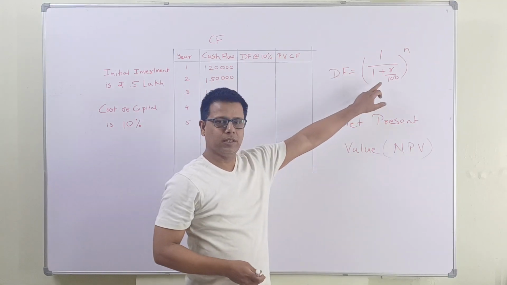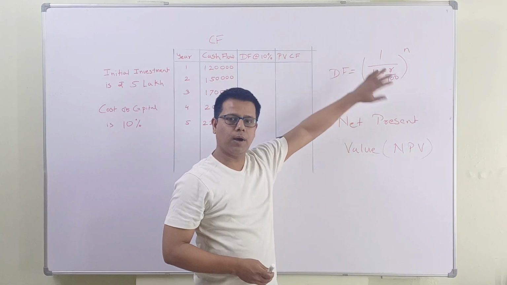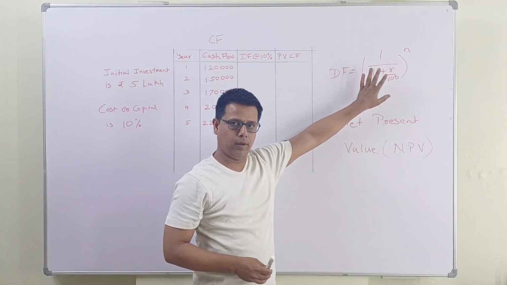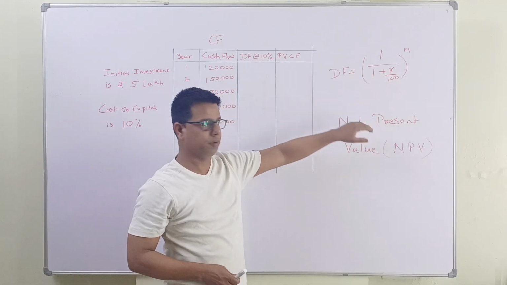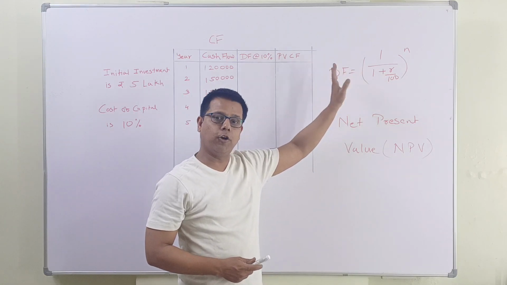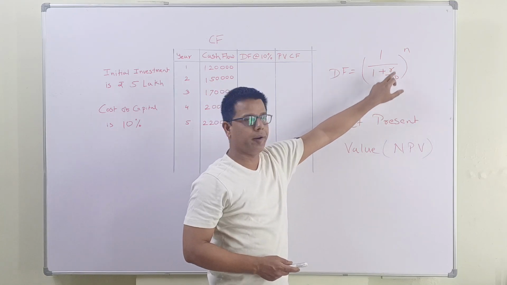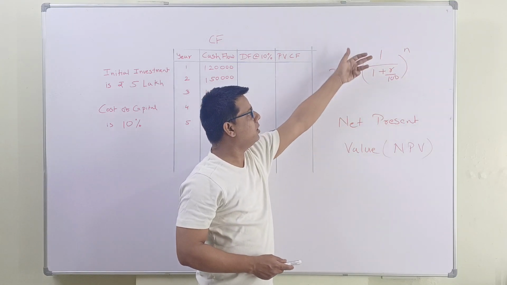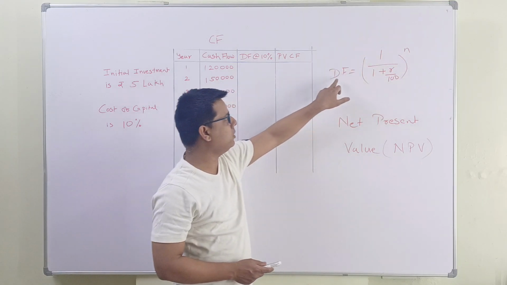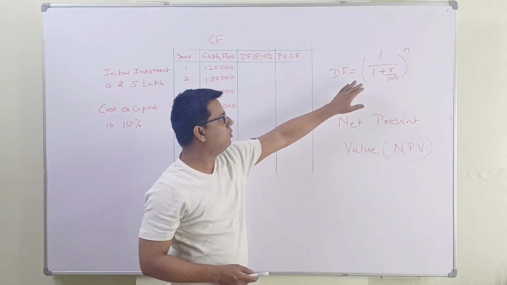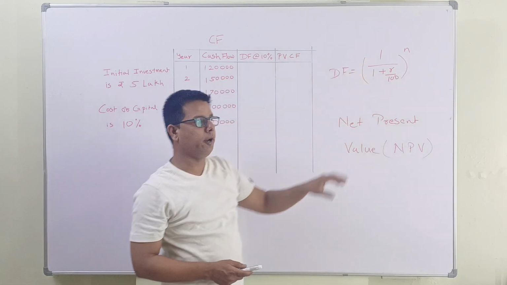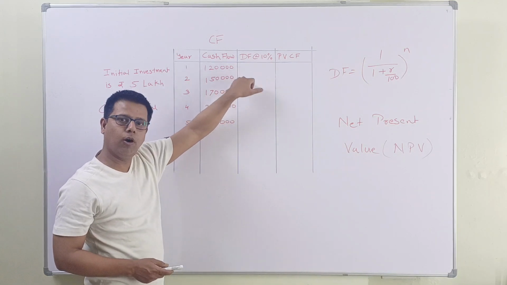So it's nothing but inverse of compound rate of return or compound interest. So we know that the formula for compound interest is (1 plus R by 100) raised to N. This is the inverse of that, that is DF. So we will use this formula to calculate DF of each year.